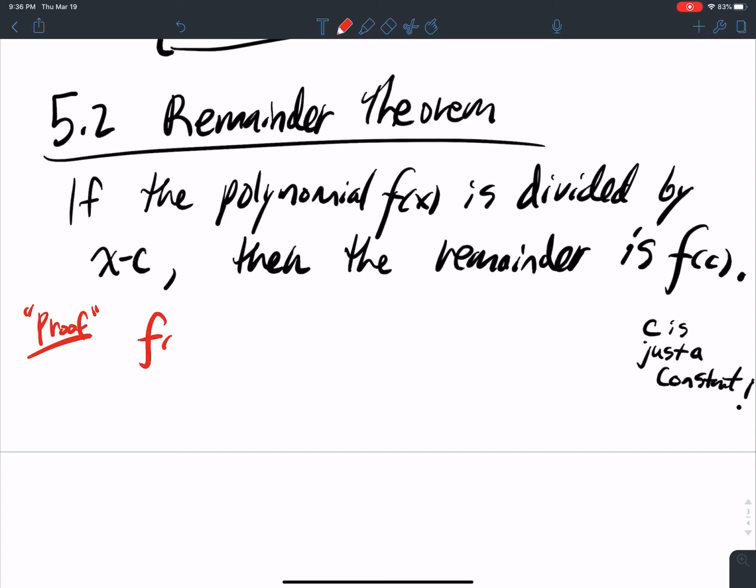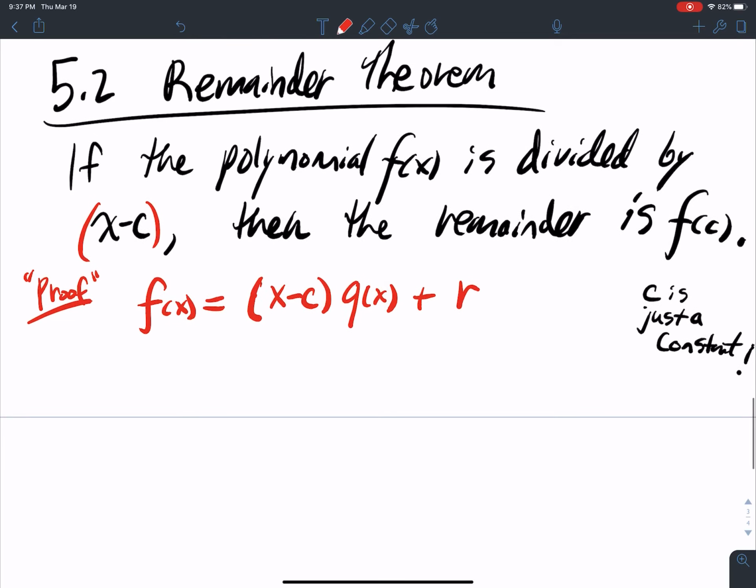quotations. If I have f of x, right, I'm saying x minus c, I'm dividing, all right, some quotient, okay, so I've got my divisor, x minus c, multiplied times my quotient, q of x, plus some remainder, okay?